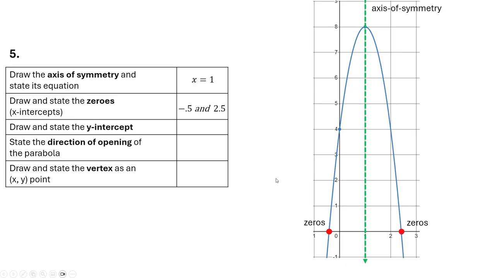So we can say that our x-intercepts are -0.5 and 2.5. Our y-intercept is right here at 4. The parabola opens downward. And the vertex is right here at the point 1, 8.